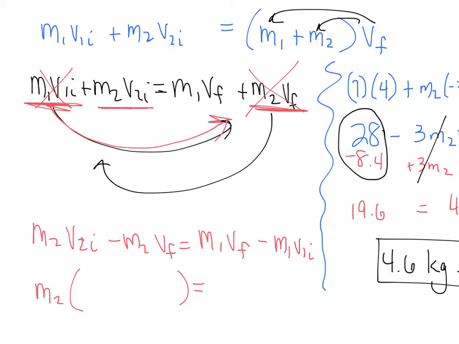In Algebra 1 you were taught how to factor, but I know some people struggle with this. The way I teach factoring in GCF is this. Whatever you take out in front, divide it into both of what's left over here. So if you divided M2 into this, what would be left over, and you're not going to physically do this, you're going to do this in your head. But if you divided this by M2, and divided this by M2, you're left with V2I minus VF.